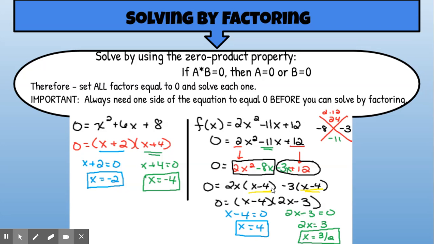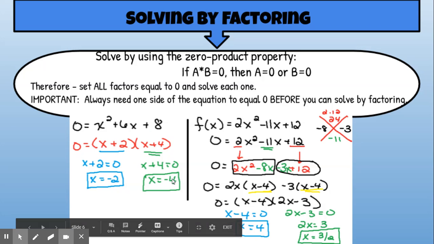And again, it's very important, just like with graphing, you always need one side to be 0 before you can factor anything. So in the first one, it's already set equal to 0. I simply factored it. Factors of 8 that add to 6 are 2 and 4. And then I individually set each group equal to 0, and I have my 2 solutions.